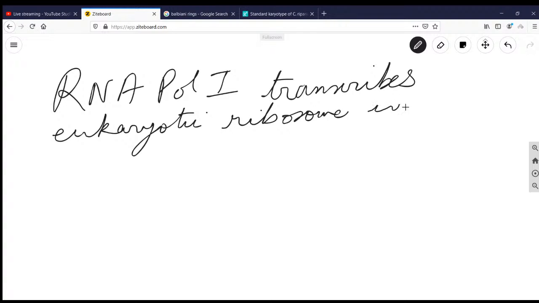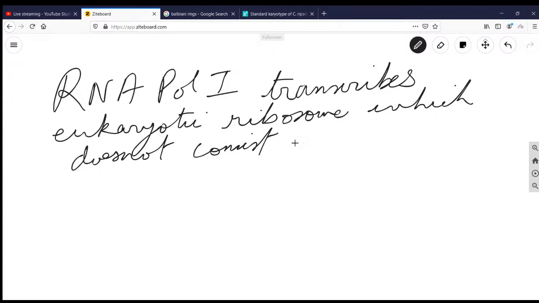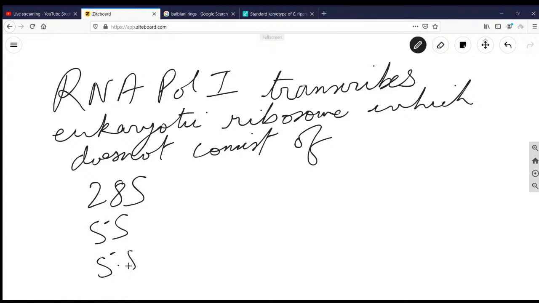Which does not consist of. The options were 28S, 5S rRNA, then 5.8S, and 18S rRNA. These four options were there. So it was a very hard question.